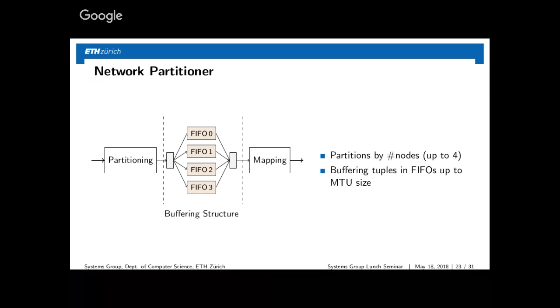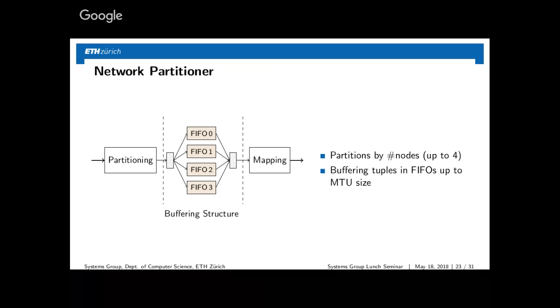So I will quickly show you how these partitioners work. First, the network partitioner is quite simple because we only partition by the number of nodes. And in our case, we support up to 4 of them. So we have these 3 parts. First, we partition the data. And then for each partition, essentially, we have a FIFO. The reason why we buffer is that we cannot send out single tuples.